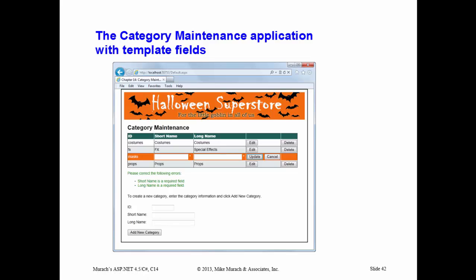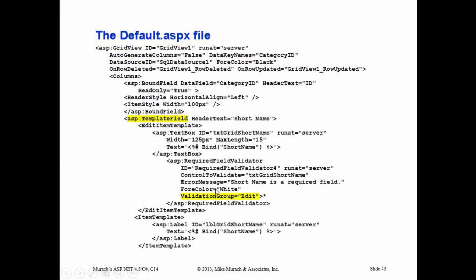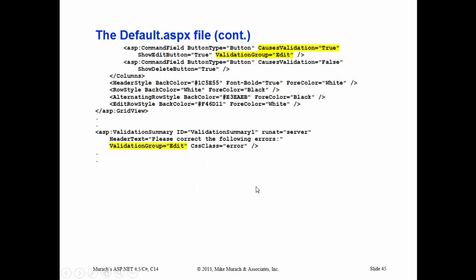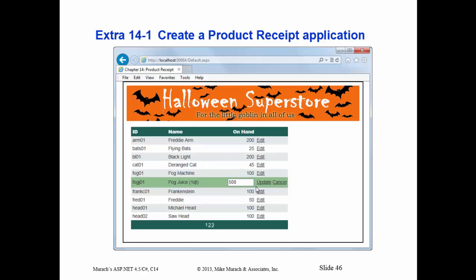Now if someone goes into edit mode and they don't fill it in, the required field validator kicks in and says, please make sure you put something in before you hit update. And just like with any other required validators, we can have validation groups, so we group those together, etc. All right, so that's chapter 14.